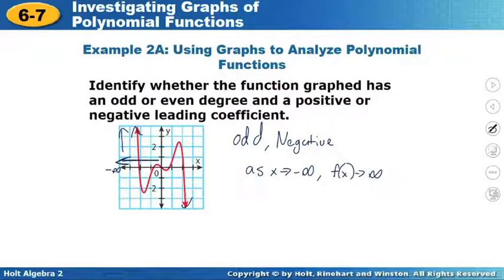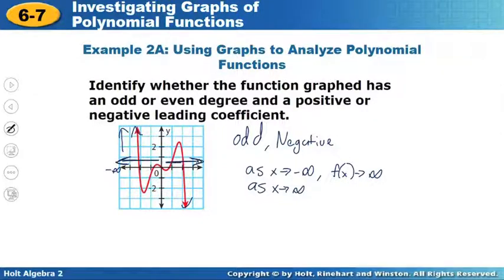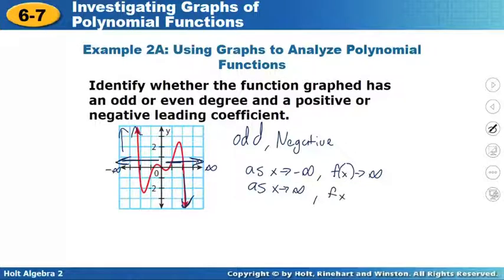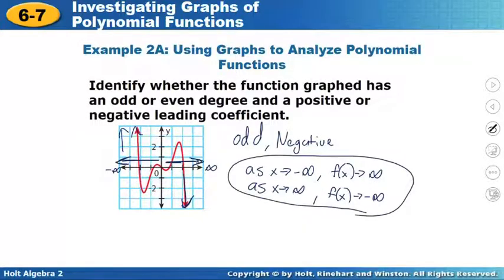Now the right side: as x moves to the right, getting closer to positive infinity, our function is going down. So f of x is going towards negative infinity. And that's it. If you go back to that table, you'll see it matches perfectly. As x goes to negative, f of x goes to positive. As x goes to positive, f of x goes to negative.